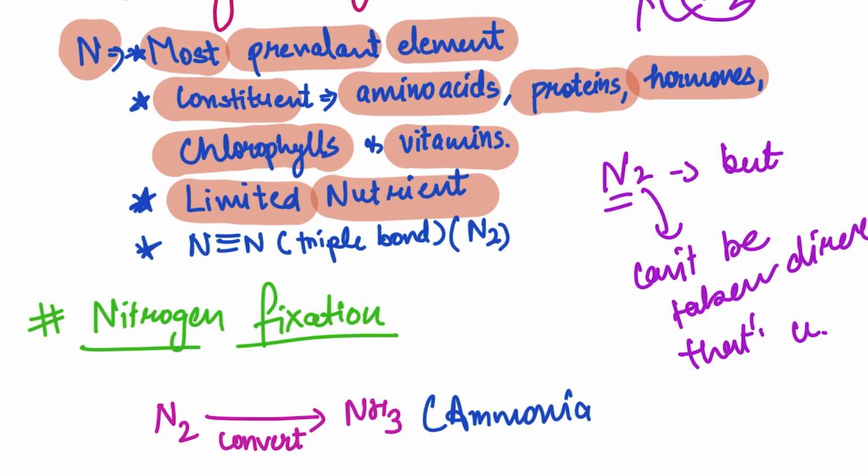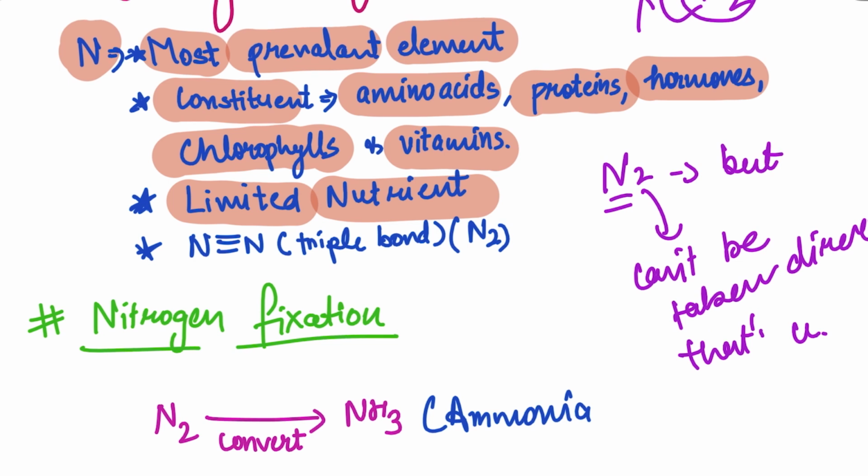No, a plant will not take nitrogen in its gaseous form. It is converted to simpler forms like ammonia and nitrate. So these are the forms in which gaseous nitrogen is converted into various other oxides, so that the plant can easily take it.